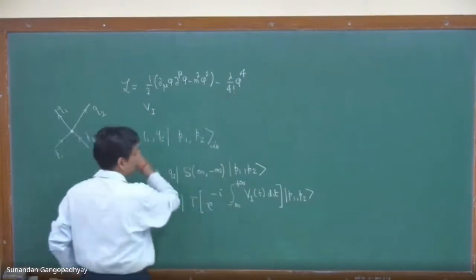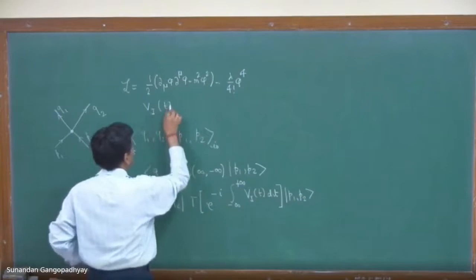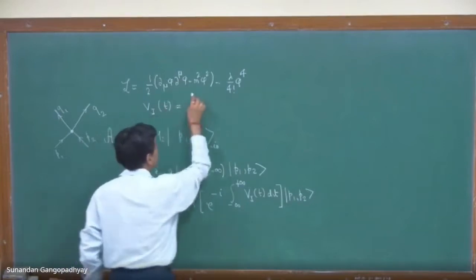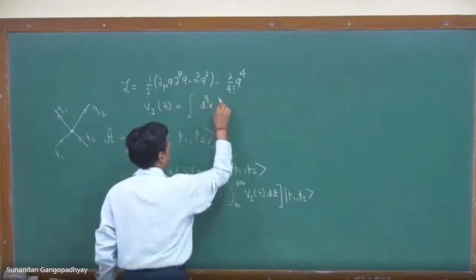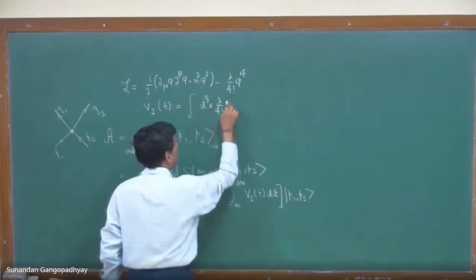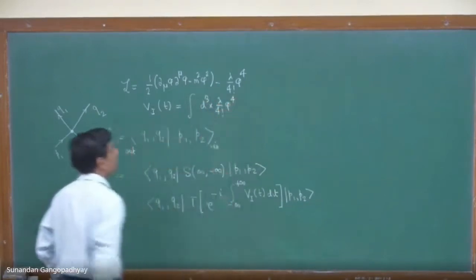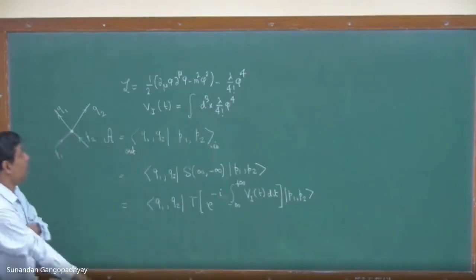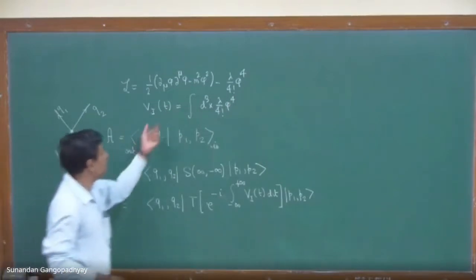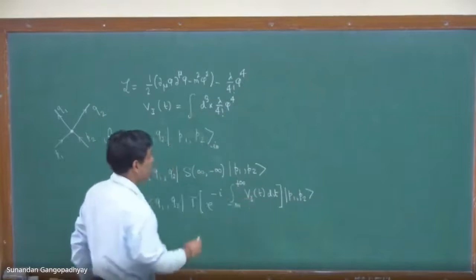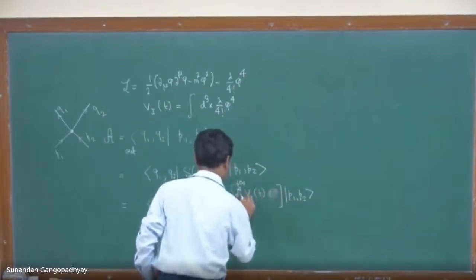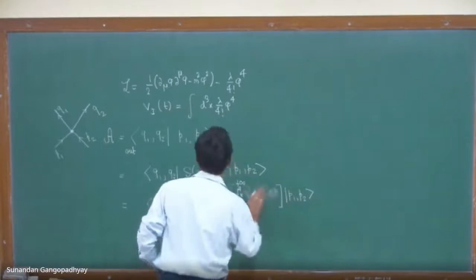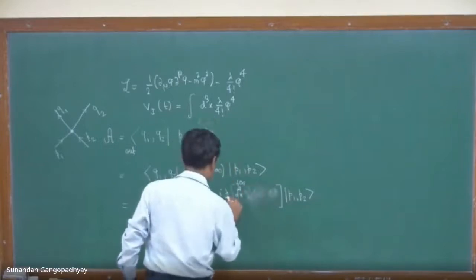So from there, we can immediately read off what V_I is. It is basically the integral d^3x of lambda by 4 factorial phi^4. And therefore, when we integrate it over dt, this becomes d^4x, and this becomes lambda by 4 factorial.